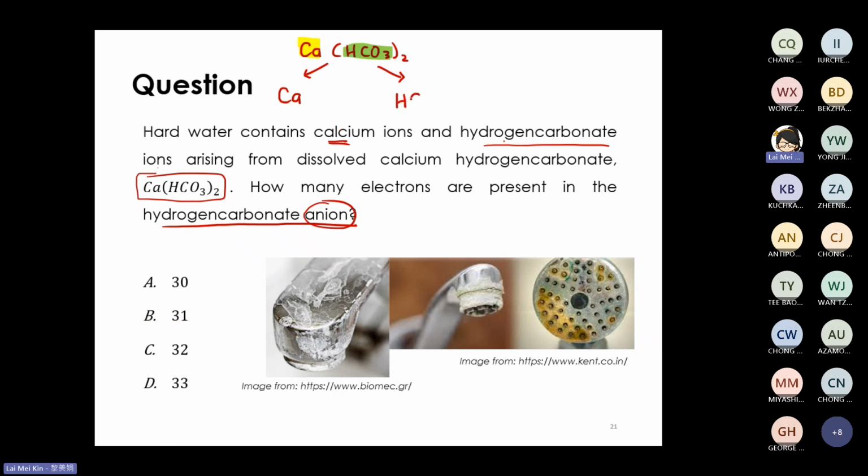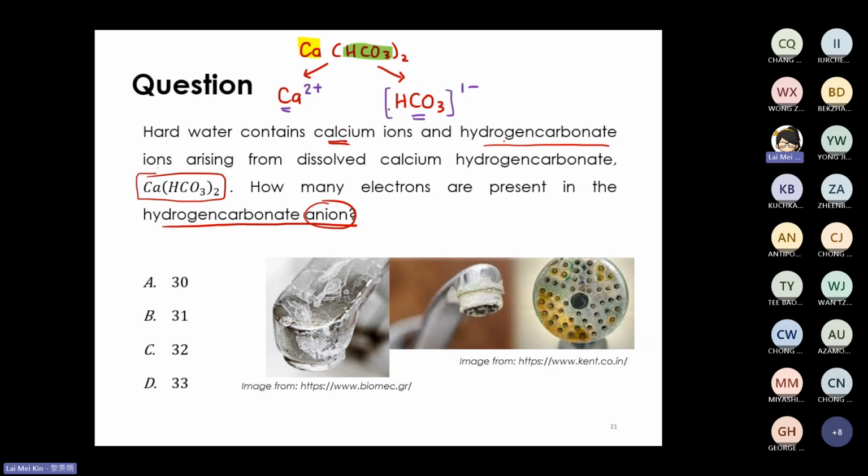All right, so HCO3. Okay, what's the charge of your calcium ion? How do you know? Remember the cross-charge thing that we learned previously? So if this has 2, it means this is 2 positive. So what's the charge of this? Okay, 1. Negative or positive? Negative. Okay, this is metal, this is non-metal. So this one has a positive charge, this one has a negative charge. How many positive, how many negative? We utilize the cross charge that we learned previously.